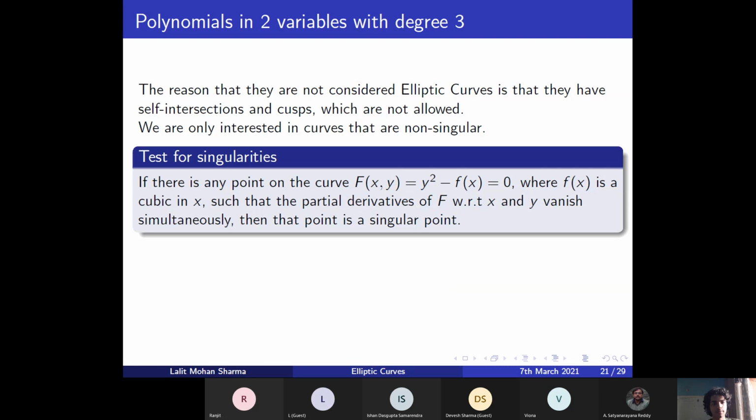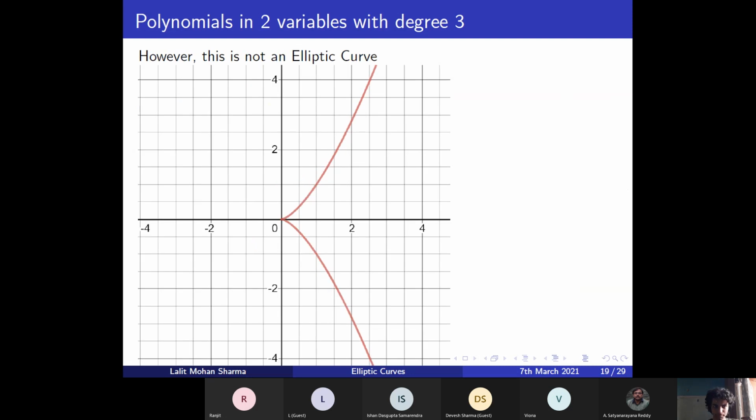If you have, for example, y squared is equal to x cubed, then y squared minus x cubed equal to 0 is the capital F. If you take the partial derivatives with respect to x and y, they both vanish at a particular point. Can someone tell me what that point is? You can also guess from the graph.